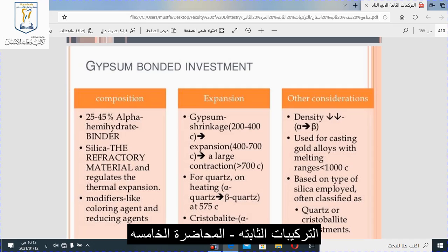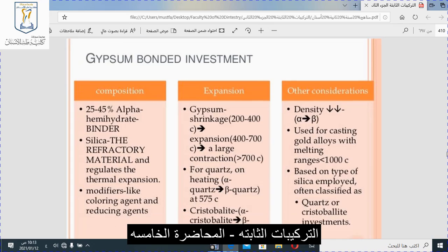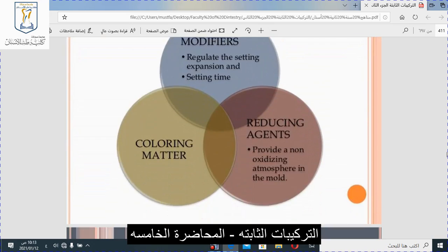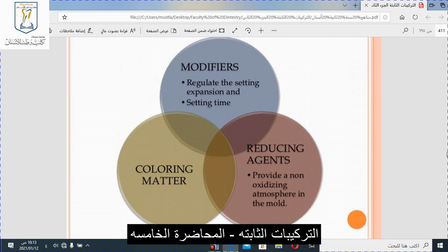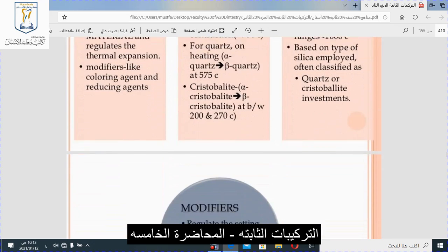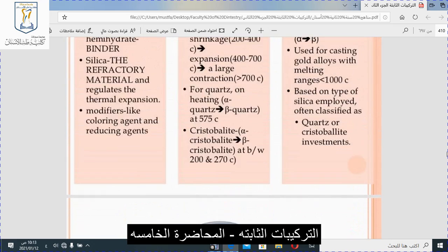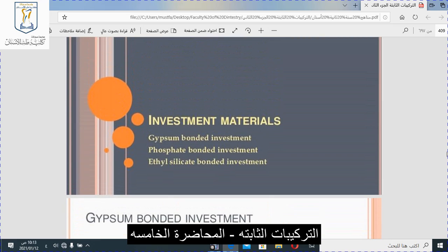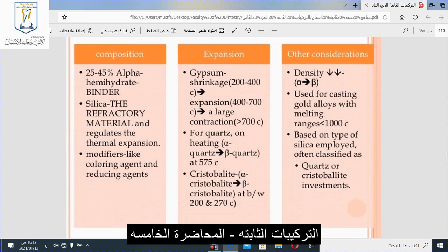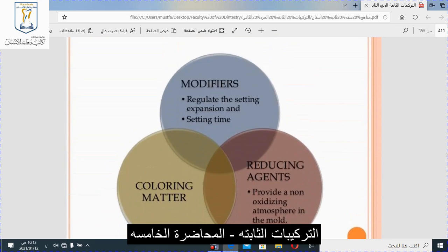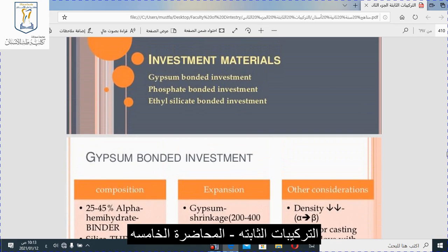We try to get alpha hemihydrate. The aim of this binder is to bind the refractory material.